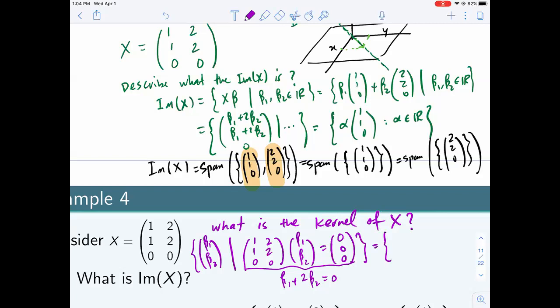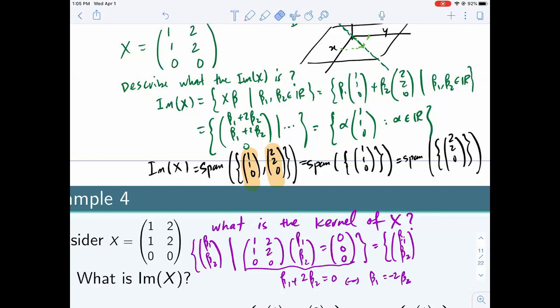So we can rewrite the vector beta 1, beta 2 as negative 2 beta 2, beta 2. I can write this equivalently in different ways: beta 1 is negative 2 beta 2.